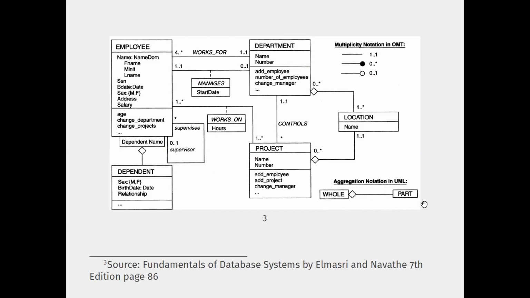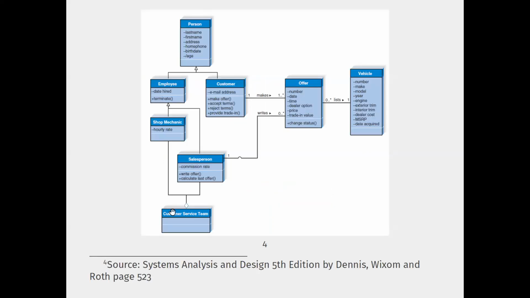If you remember this relationship, I have actually represented this. Whole and part, you normally say, so that several parts can make up a whole. Similar to that, here we see the team comprises several shop mechanics and salespersons. So that's what forms the customer service team.